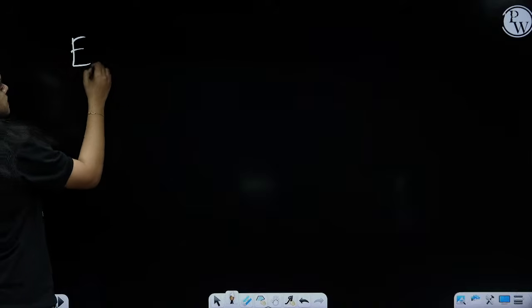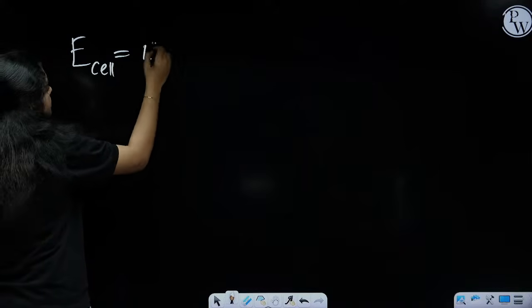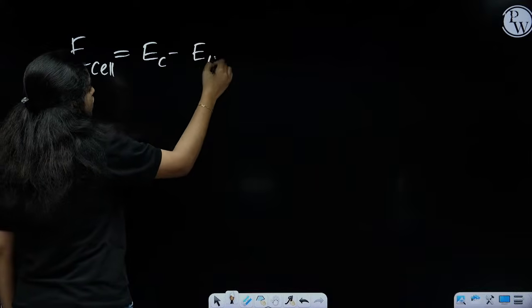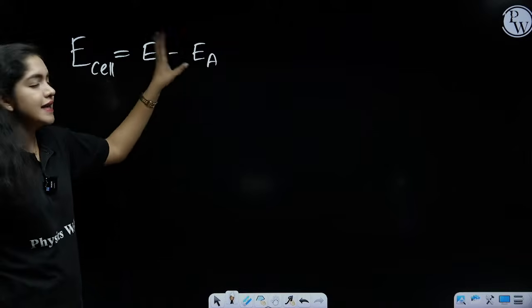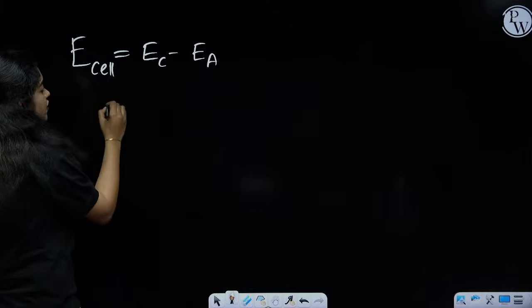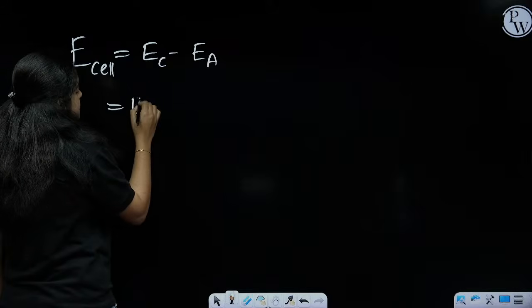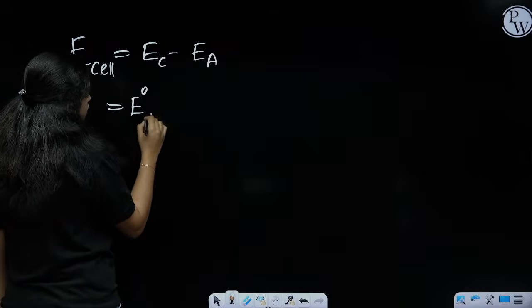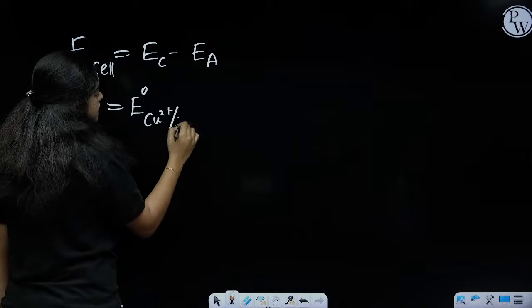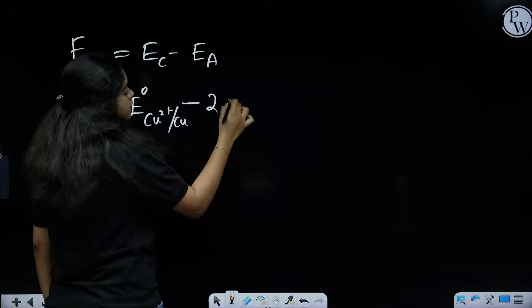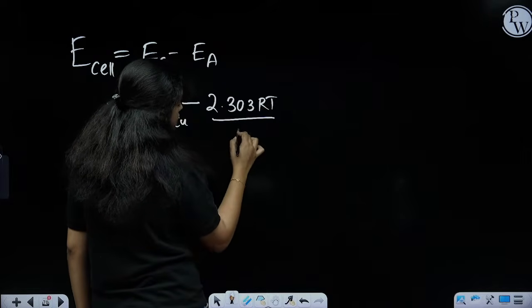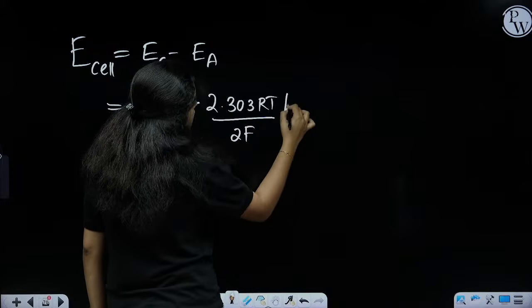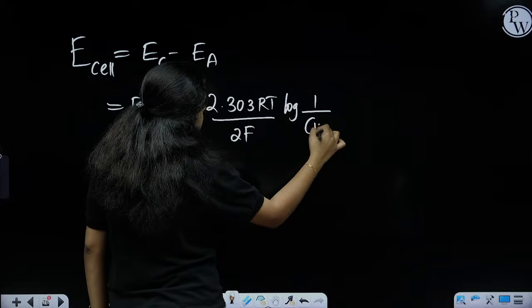E cell is equal to E cathode minus E anode, and we are going to substitute the equation. E cathode is given by copper and E anode is given by zinc. So first we write the equation of E cathode, that is E0 Cu2+ bar Cu minus 2.303 RT by NF, meaning 2F, log 1 by Cu2+.